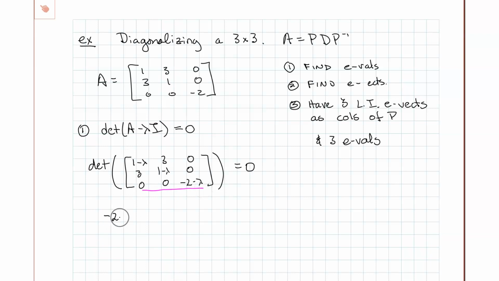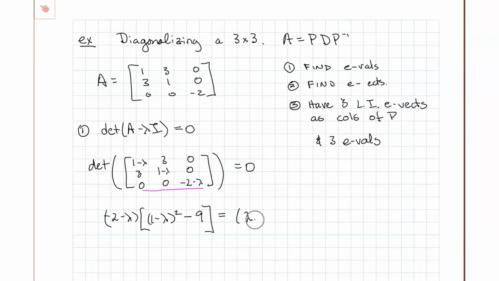So this determinant is negative 2 minus lambda times 1 minus lambda squared minus 9. And if we multiply this out and simplify a little bit, you'll see that this is actually equal to lambda plus 2 squared times lambda minus 4. It's actually not a hard one.